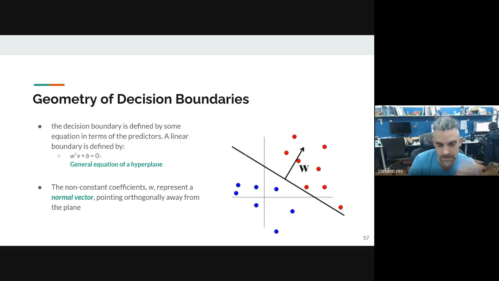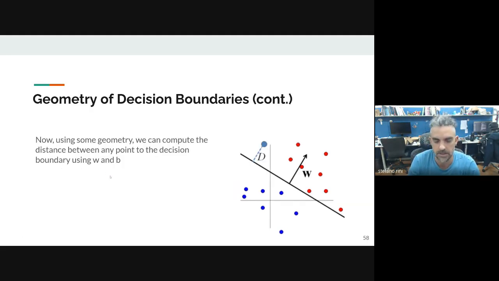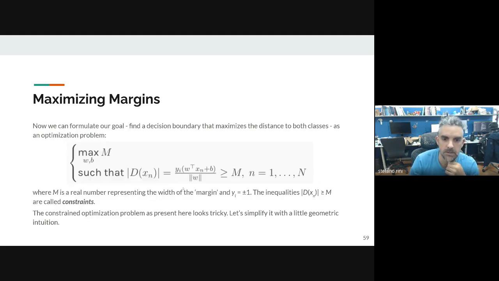So this expression must be normalized by its norm. When we take this normal vector, we should fix its norm to 1 so that everything is nice and properly scaled.